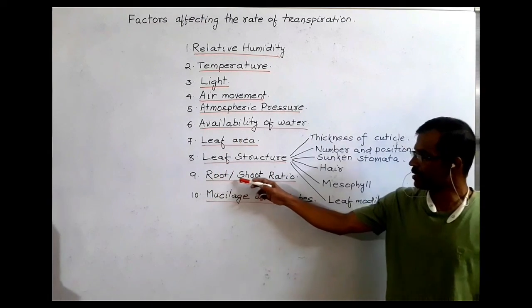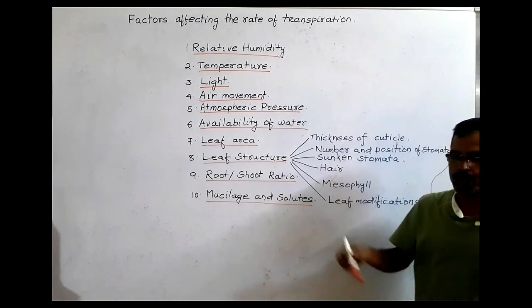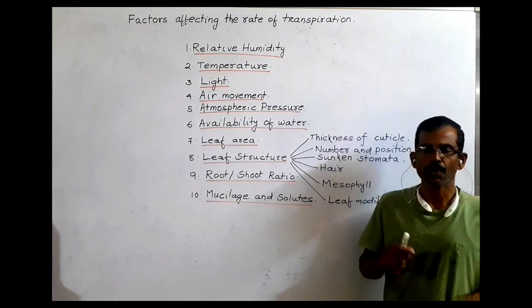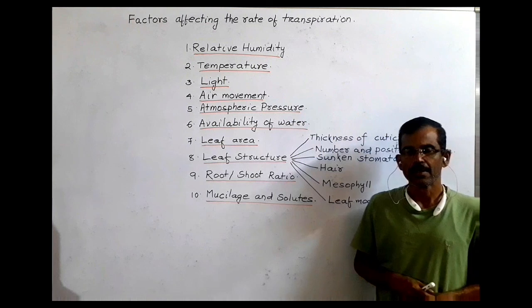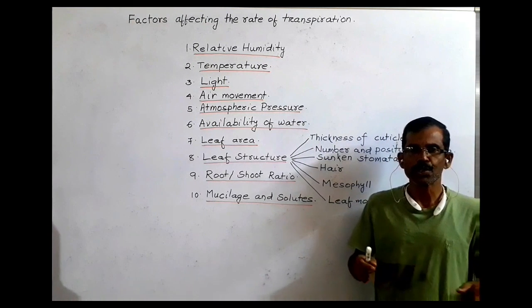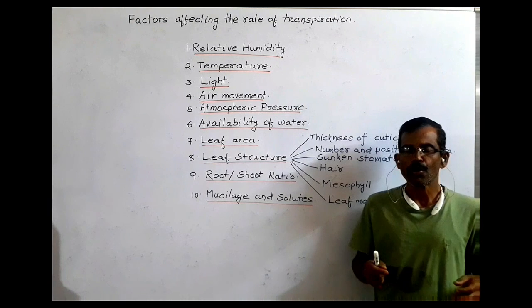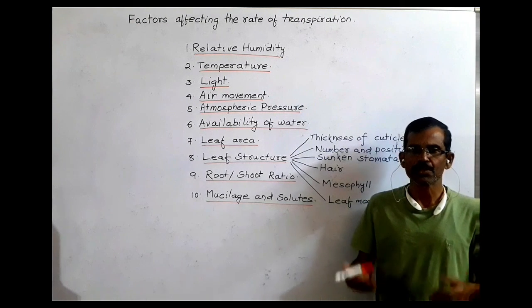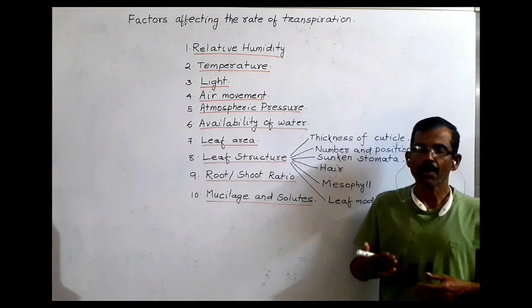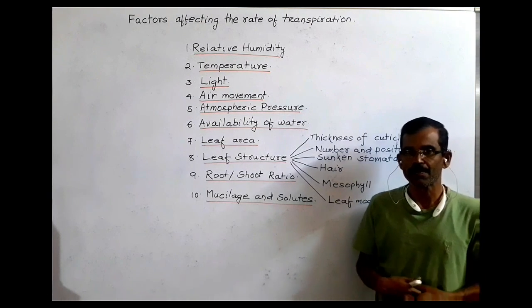Next factor is root to shoot ratio. Roots are the main water absorbing organs of the plant. The plant which has a well developed root system absorbs more amount of water from the soil as compared to the plant which does not have a well developed root system.